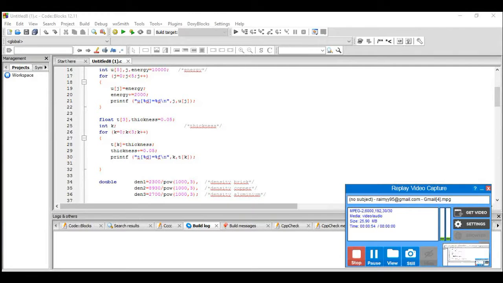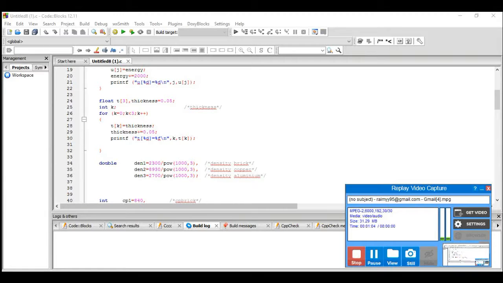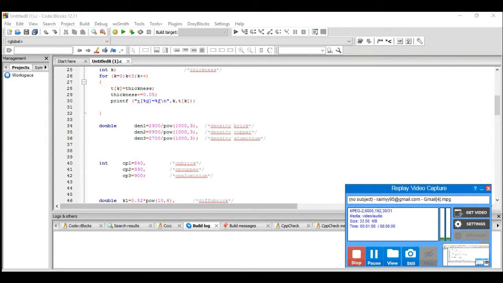Next, the array T3 is for the thickness, which means that my thickness will have 3 values starting from 0.05 with an increment of 0.05.